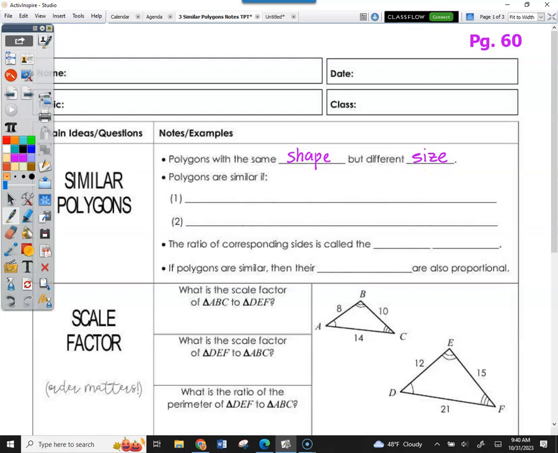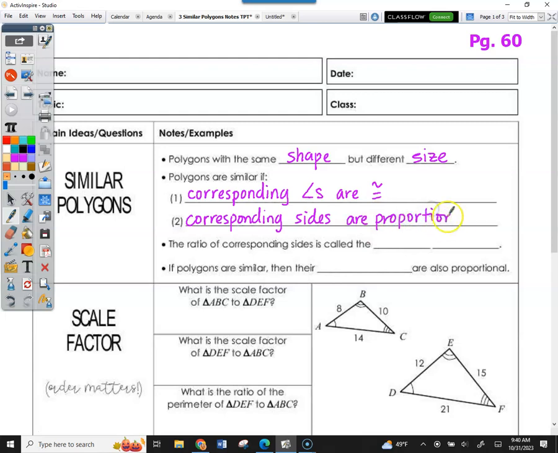Because it's the same shape, that would mean that the corresponding angles are congruent, I'm abbreviating, and the corresponding sides, now if it's a different size, then the sides can't be the same length, right? They have to be different lengths, but they are proportional.